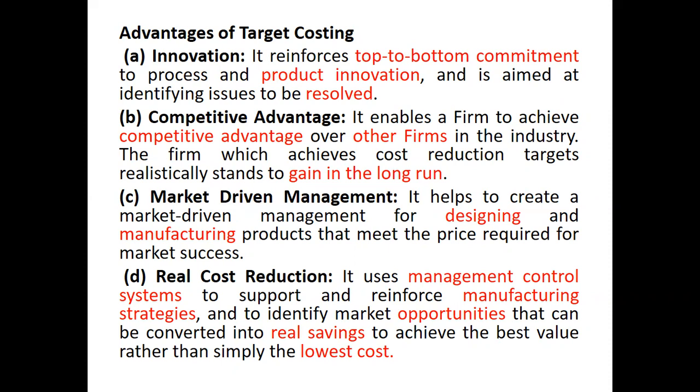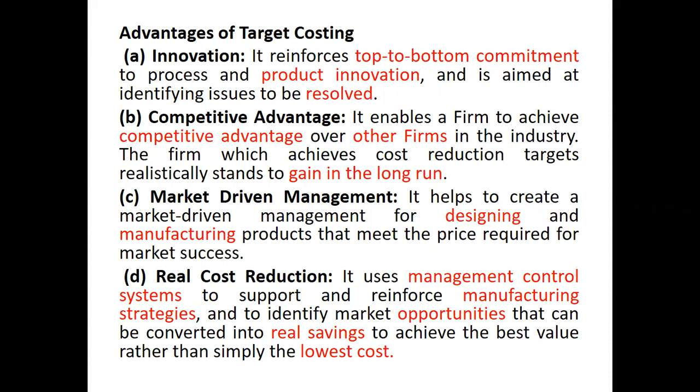The last advantage is real cost reduction. If we use target costing, what will happen? Every employee will get certain targets and will be motivated to achieve them. The targets may be reduction of cost, reduction of waste, reduction of unnecessary activities, or reduction of certain processes in manufacturing activities.